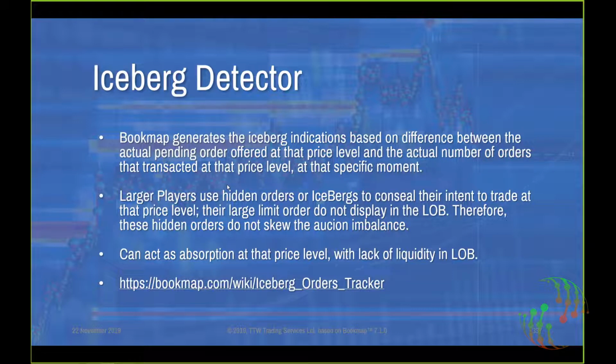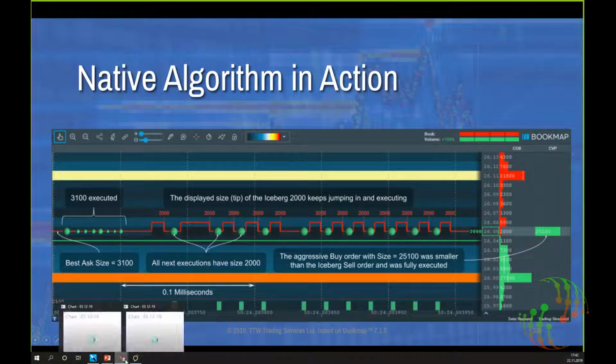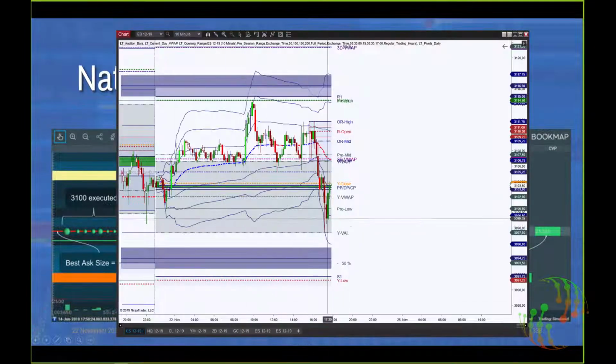Absolutely important to know. We should keep this always in our mind. They can act as absorption at that price level with a lack of liquidity in the limit order book. So you see, they are hitting constantly. This is hidden. You can't see that on any of those or similar charts.